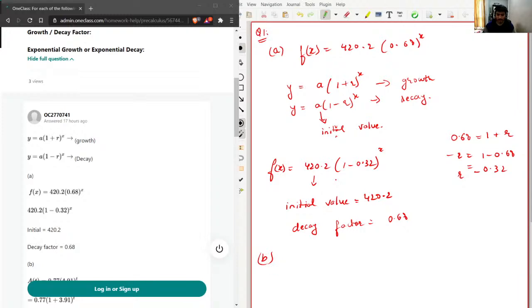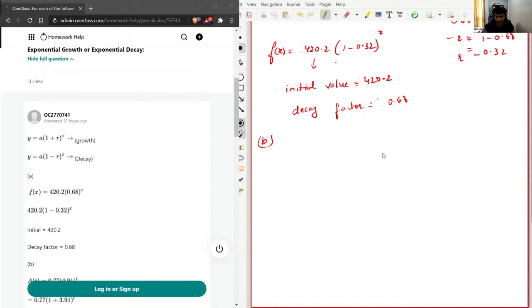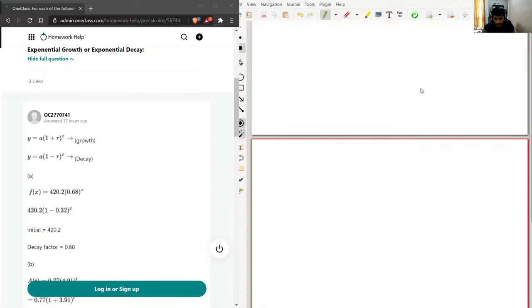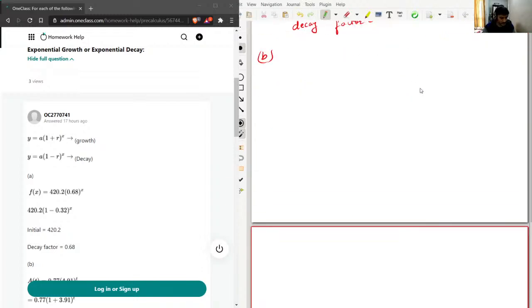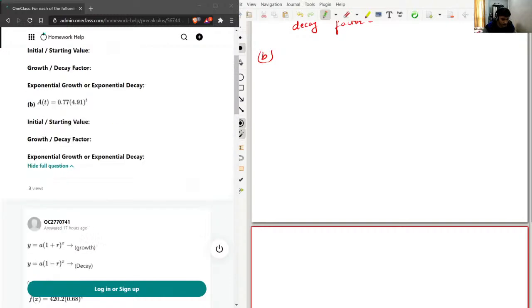Same procedure we are going to follow with the B part. Just add a page here. What was the equation B? A of t is given as 0.77 times 4.91 raised to the power t. So again I'll write 4.91 equal to 1 plus r.